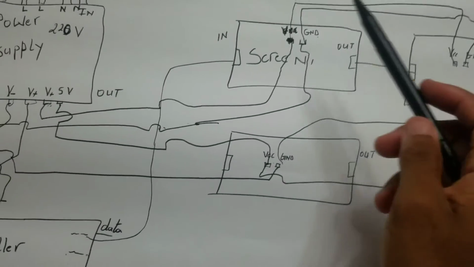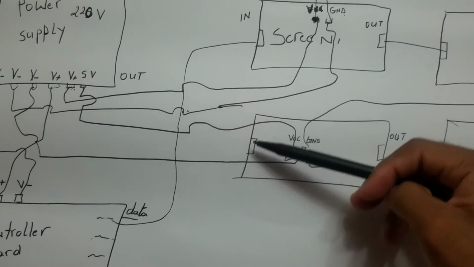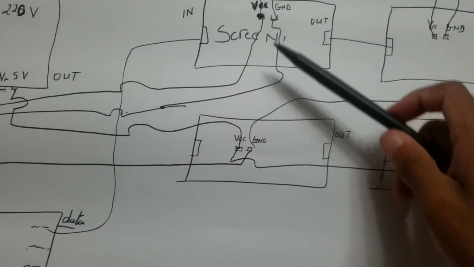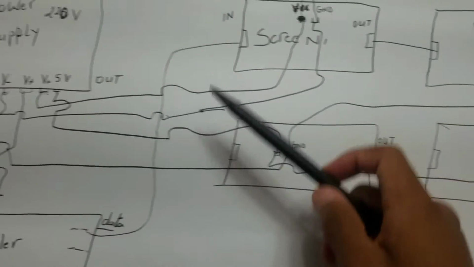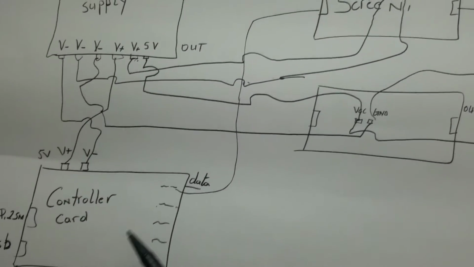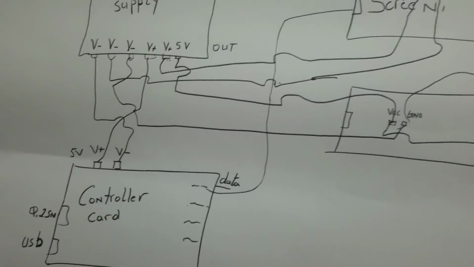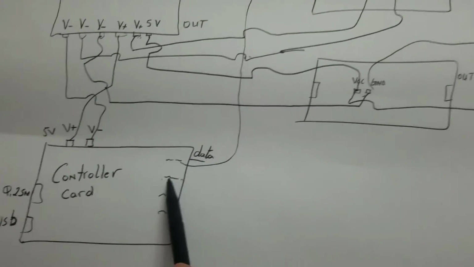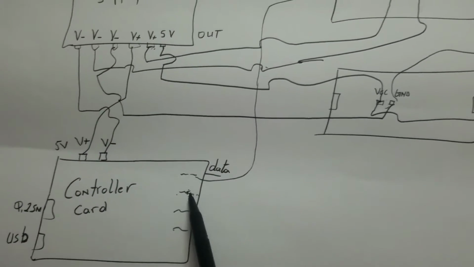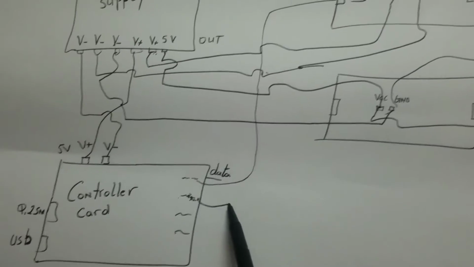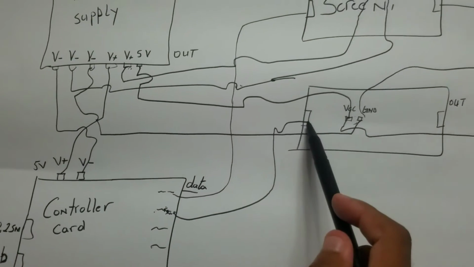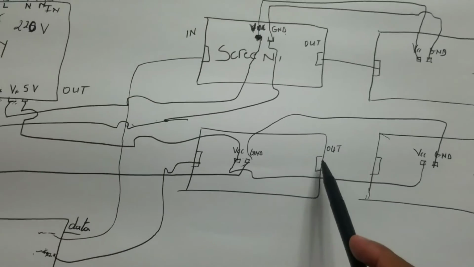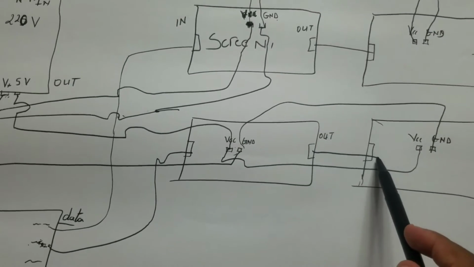Okay, and then if I want to increase the height, that means if I want to show the message on these 2 screens, how do I connect the screen with my controller? You simply need to move from this second data output to this. Then that's it, from the output to the input.